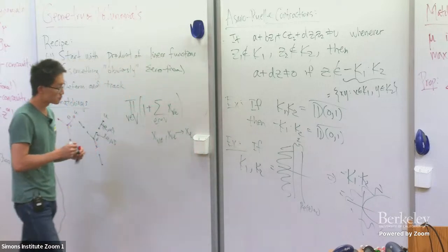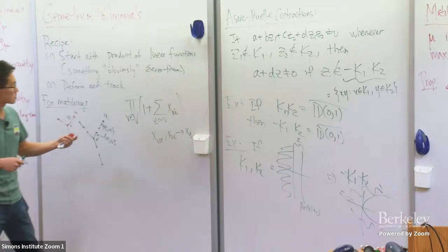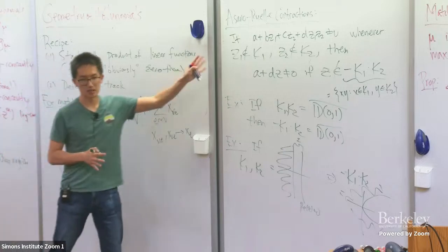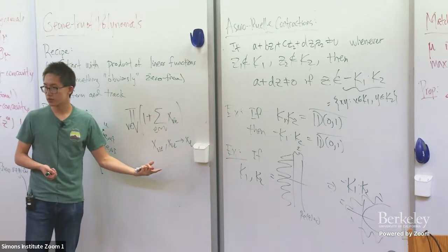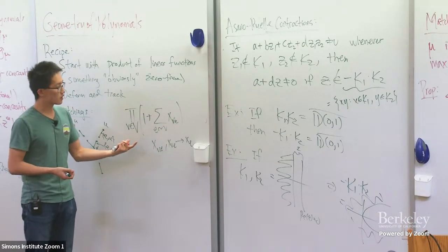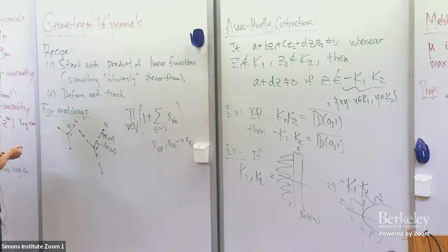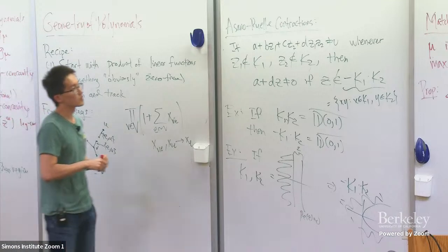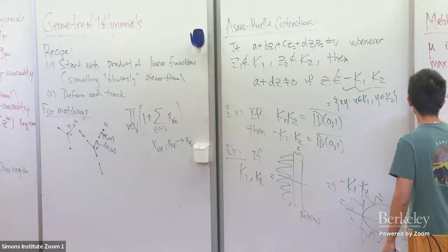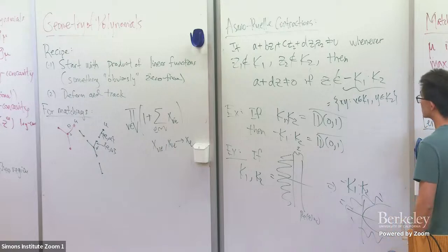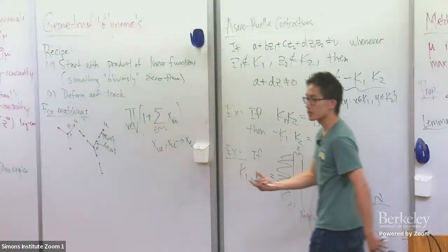So these are just some examples of how you track these sets. At this point, if you take this as a given and inductively do this contraction step, then all I need to show you is what the zero-free region is for the linear forms. Here's the lemma. I just need the zero-free region for each of these linear forms, because it's a product.